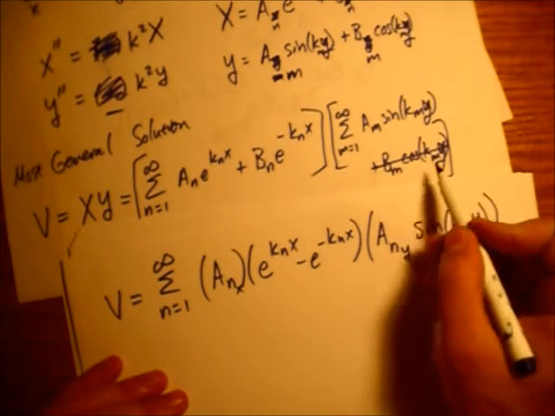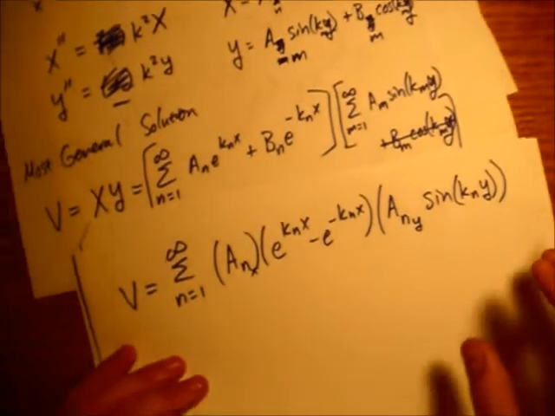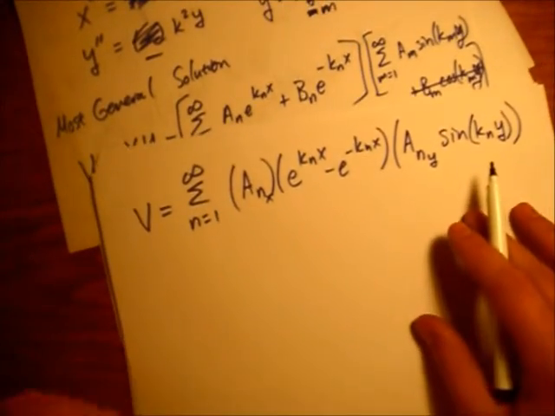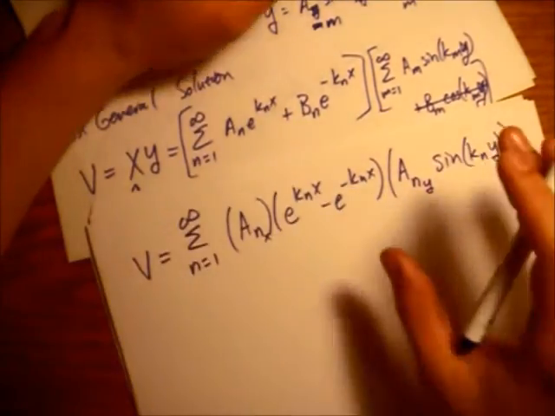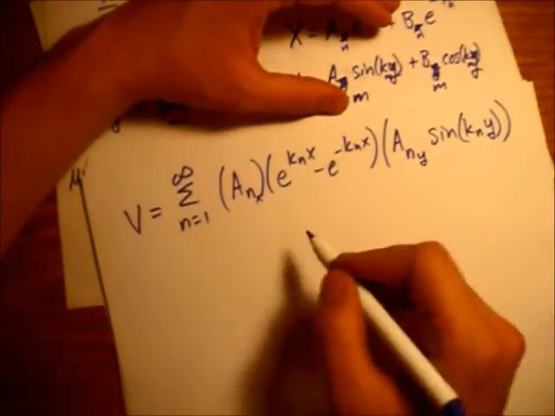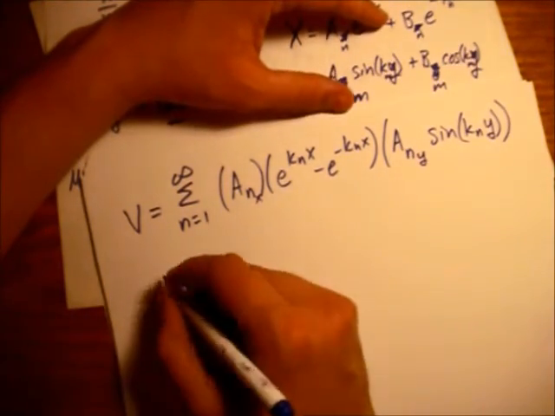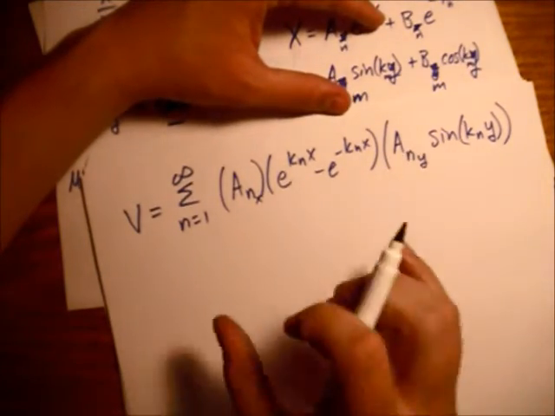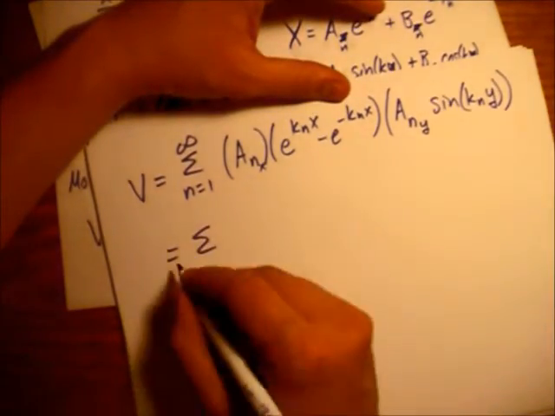We didn't have this cosine anymore because the b sub m's went to 0. Again, this is not counting our last boundary condition. So we've gone from the general case to including a few of our boundary conditions. We got rid of the b sub m and made this simplification. So one thing we're going to do is combine our coefficients into just one coefficient. That will make things simpler to write.